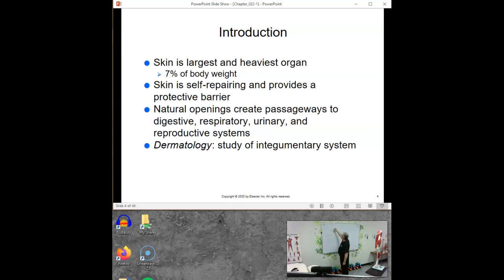The first layer is made out of epithelial tissue. And remember, epithelial tissue is the stuff that coats things. Now, that layer is actually called the epidermis, but it's made of epithelial tissue. By the way, epithelial and epidermis. Do you know what epi means?